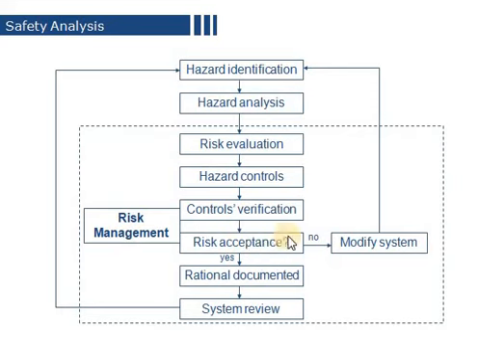If not, if the risk is not accepted, then we'll have to modify the system again and go through these steps once more. And finally, we'll have to do the system review on a regular basis. So this chart summarizes everything we talked about regarding safety analysis. Thank you.